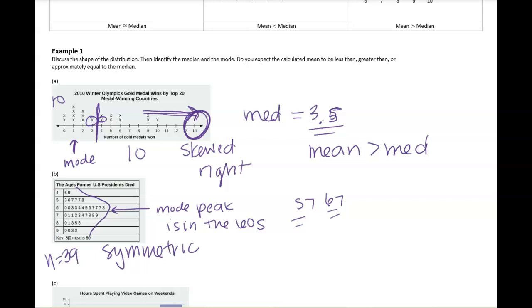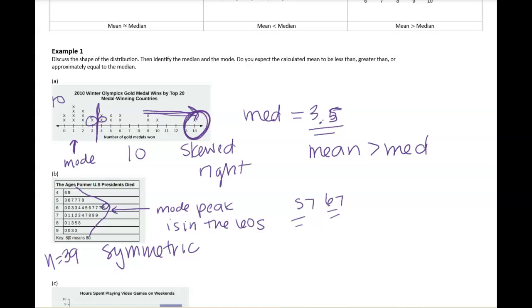Okay, since we have an odd number, that means that an actual data point is going to be our median. 38 divided by 2 is 19 in each half. So let's count again. 1, 2, 3, 4, 5, 6, 7, 8, 9, 10, 11, 12, 13, 14, 15, 16, 17, 18, 19.